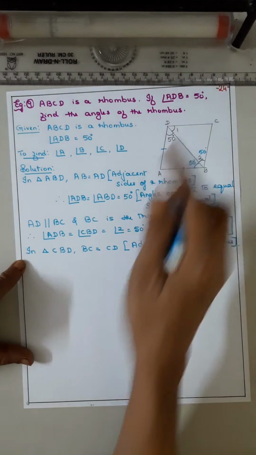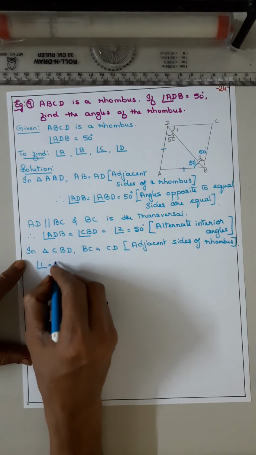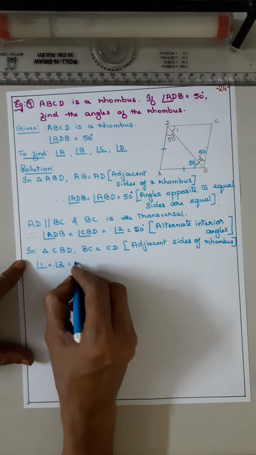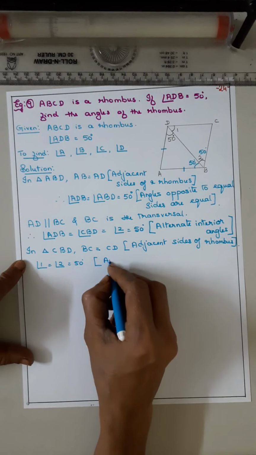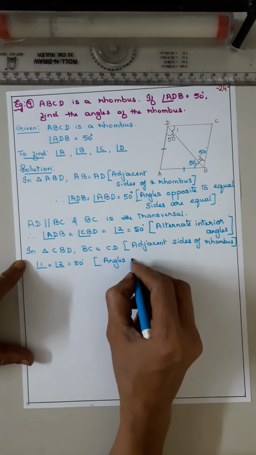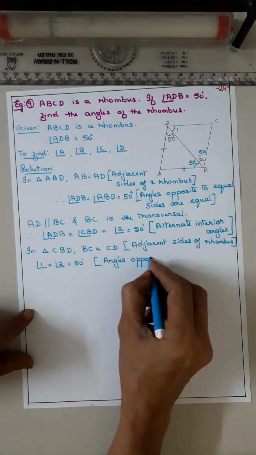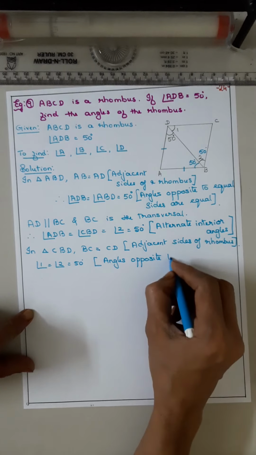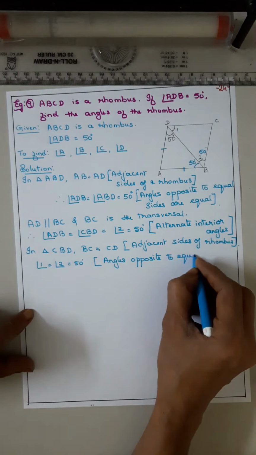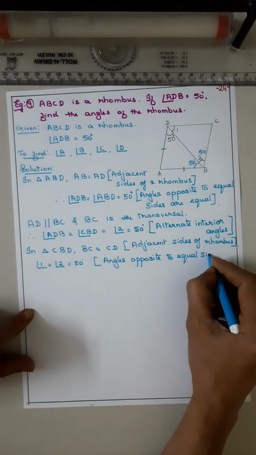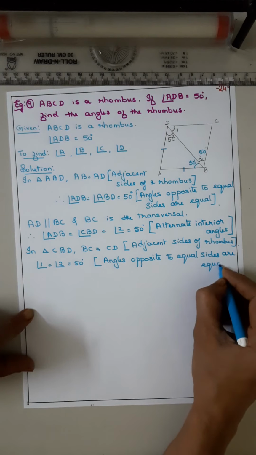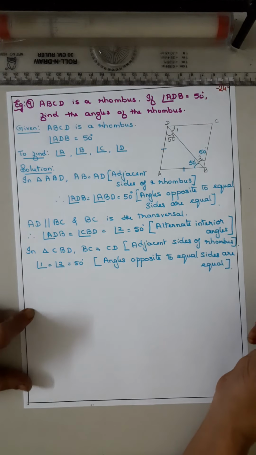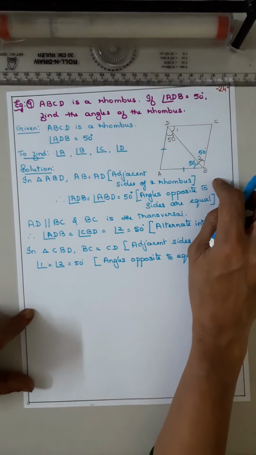Now again you will tell angle 1 is equal to angle 2 is equal to 50 degrees. Why? Angles opposite to equal sides are equal. So here also you got it.